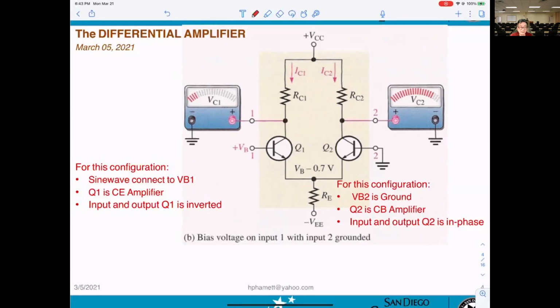For this configuration, the signal is connected to VB1. Q1 is a CE amplifier. Input and output of Q1 are inverted. Okay, that we already know.